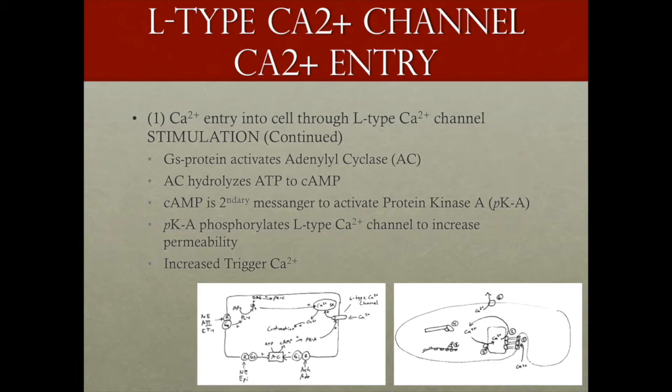This Gs protein activates adenyl cyclase, and adenyl cyclase is responsible for the hydrolysis of ATP to cyclic AMP. Cyclic adenosine monophosphate is a secondary messenger to activate protein kinase A. Protein kinase A phosphorylates the L-type slow inward calcium channels and increases their permeability to calcium during the action potential. Thus, you have increased trigger calcium.